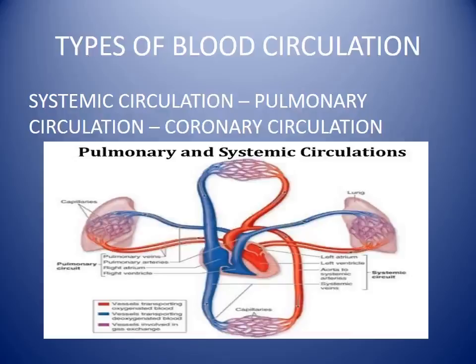What is pulmonary circulation? The path of pulmonary circulation starts in the right ventricle. See the right ventricle. Everybody see the picture. Where is the right ventricle? Yes, the right ventricle is there.